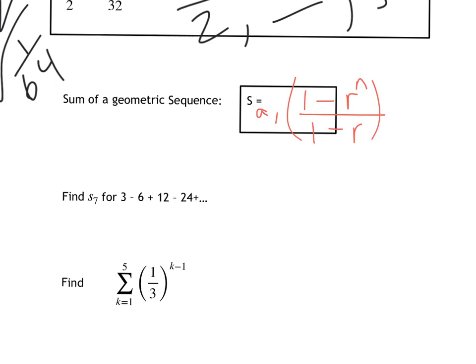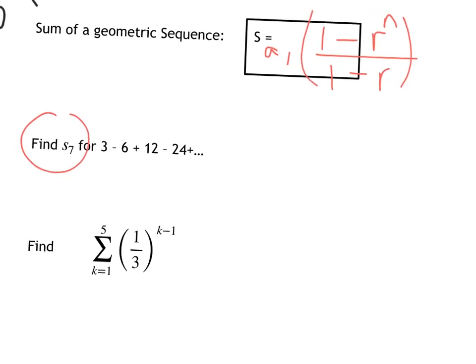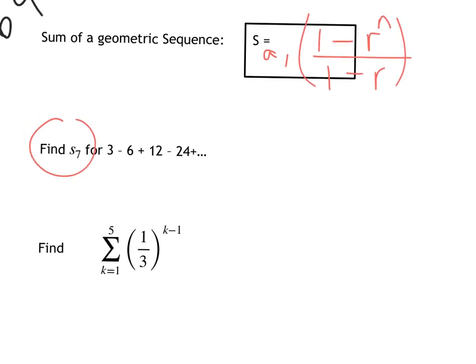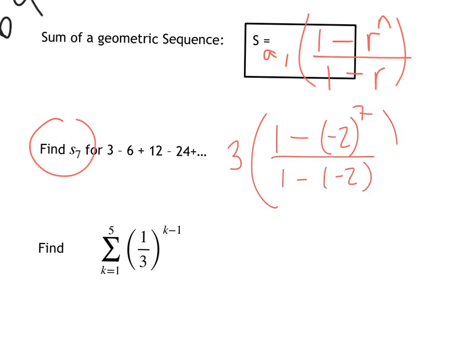So if we want to find the seventh term of a geometric series, our formula is going to be the first term 3 times 1 minus r, which in this case is -2, to the 7th over 1 minus -2, right?